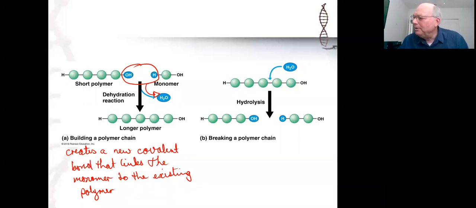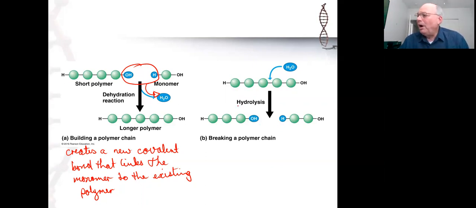Hydrolysis reverses that. It breaks the covalent bond that links the monomer to the polymer chain, and in the process adds back the functional equivalent of water. So we add back a hydroxyl group to one end of the broken covalent bond, and we add the hydrogen back to the other broken end of the covalent bond.